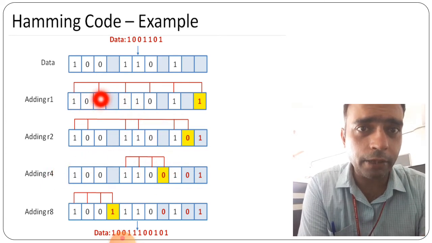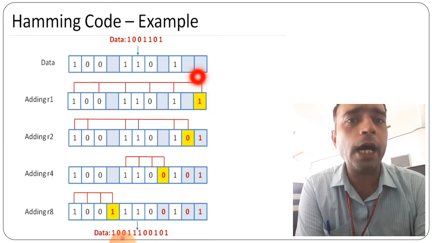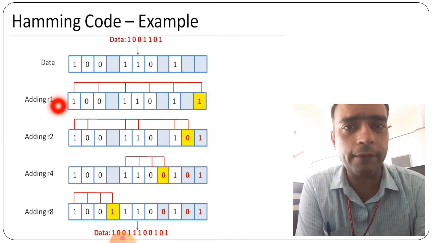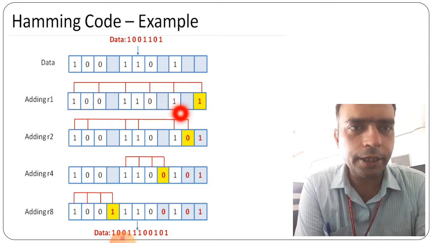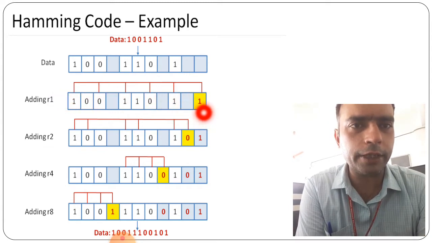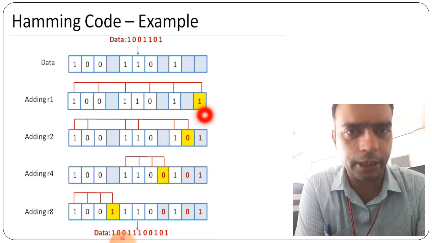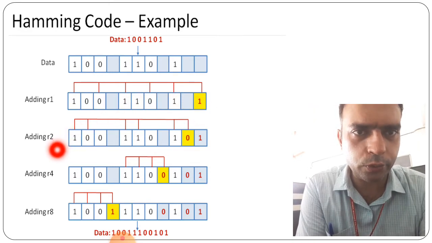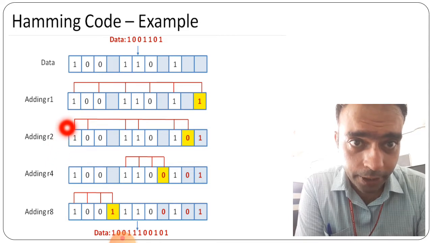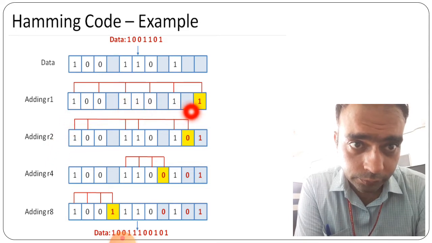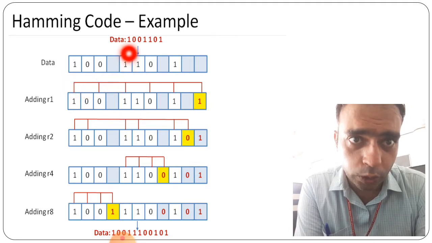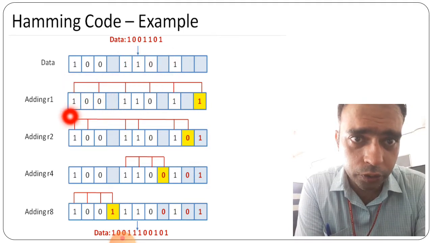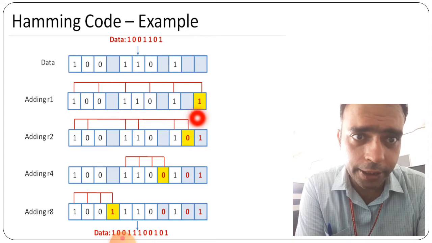ये वाला क्या हो रहा है यहाँ पे? Here R1 is taking care, adding R1 now, so R1 is taking care of these bits. So here it will take care of this bit, that's why here it is adding 1. After that R2, here we have to take the total number, here it is 4, so here it is taking 1 now.